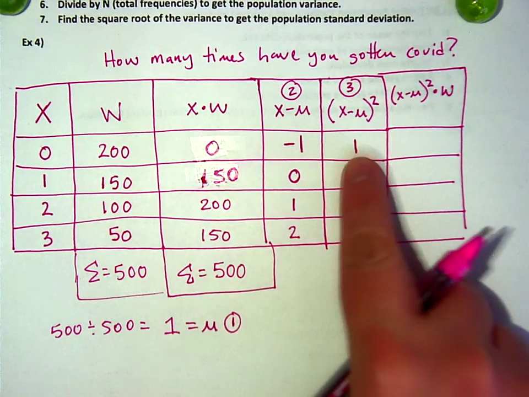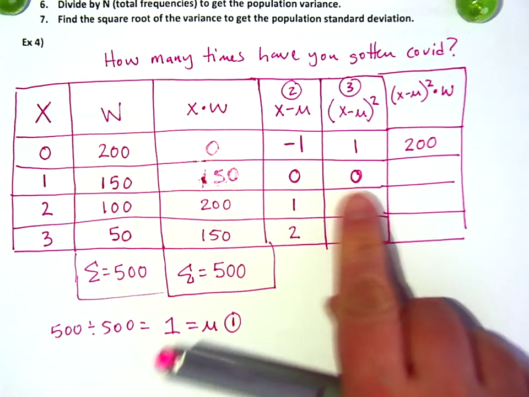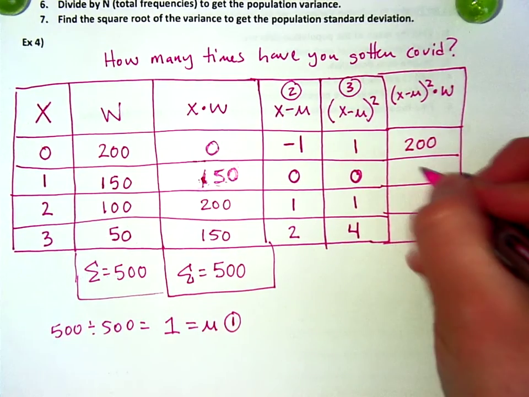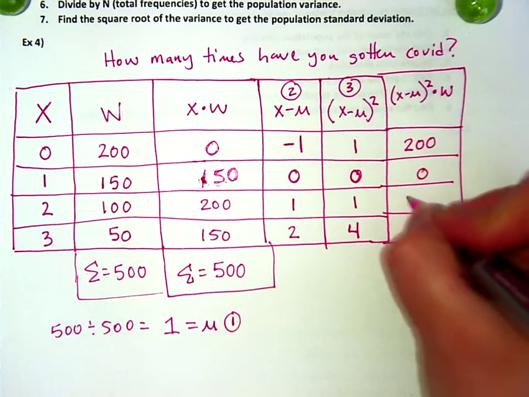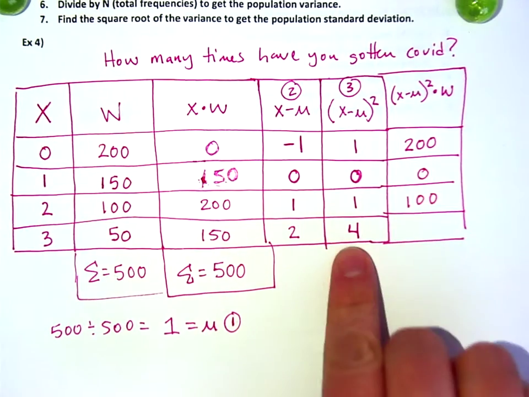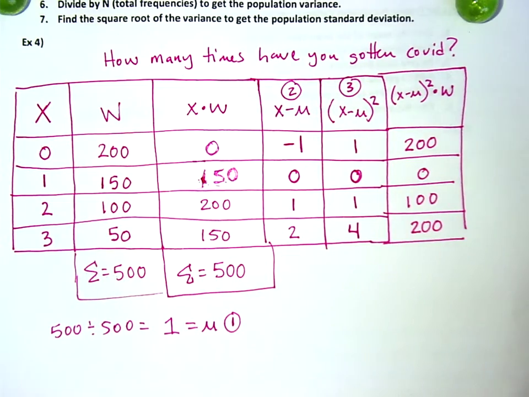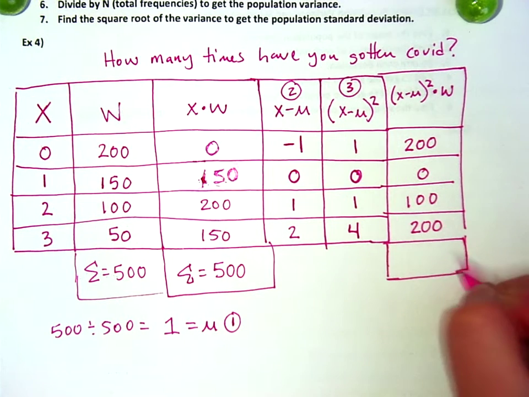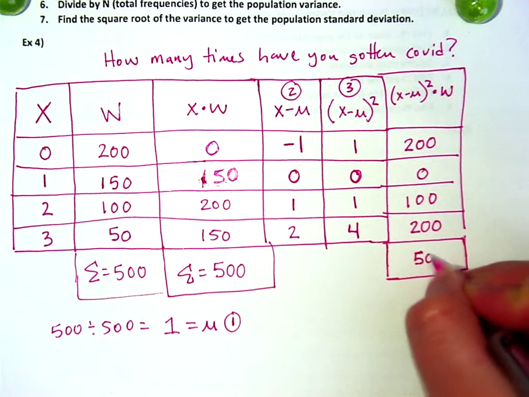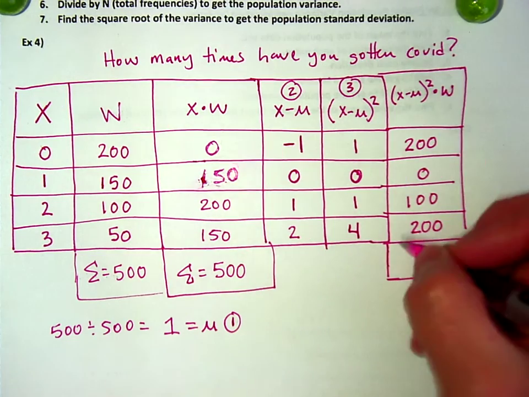So now it's 1 times 200, which is 200, I believe. 0 times 150, which Caleb has told me is 0. 1 times 100. And 4 times 50, which is 200. Which is 500 if you add them together.